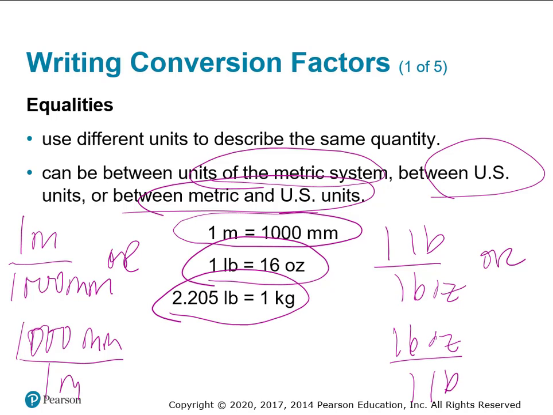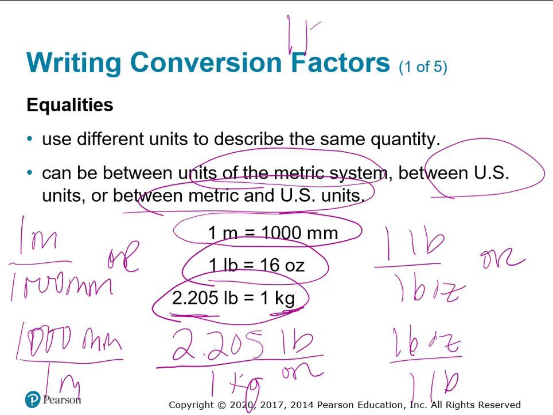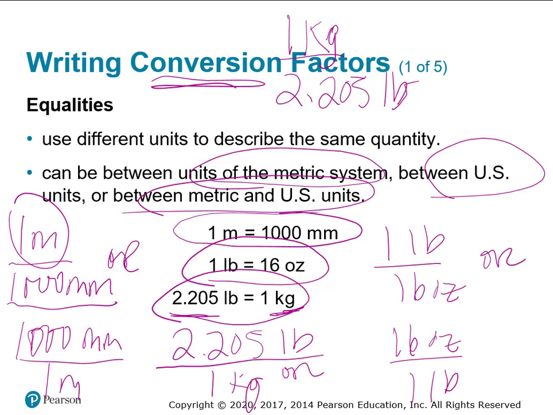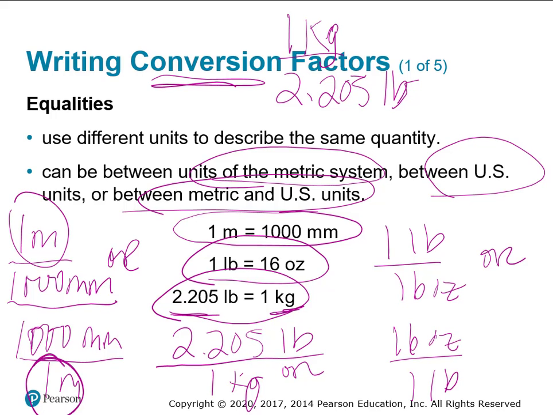Same with this. This is between metric and English. There's 2.205 pounds in 1 kilogram, or in 1 kilogram, there's 2.205 pounds. These are conversion factors, writing those equalities, either or, with the 1 meter on top or the 1 meter on the bottom.